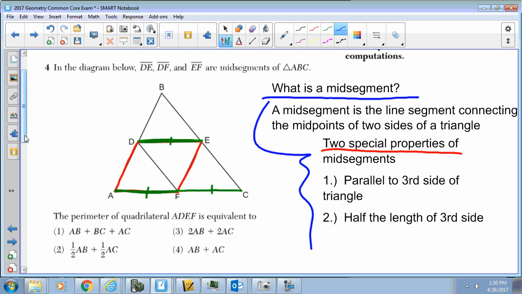And so we can do that. Then we also know that EF is the same as half of BA, AB.